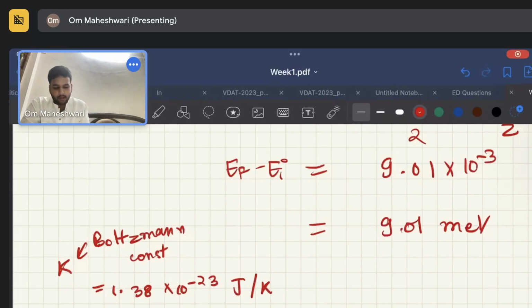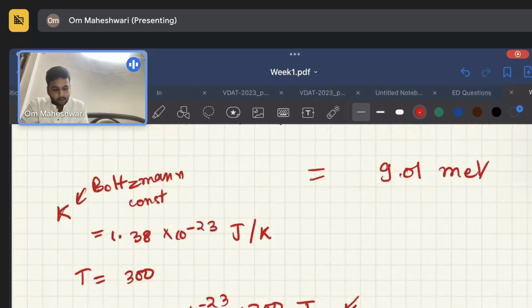Temperature is 300. KT will be 1.38 into 10 to the power minus 23 into 300 joule per Kelvin into Kelvin. So Kelvin cancels, leaving joule.